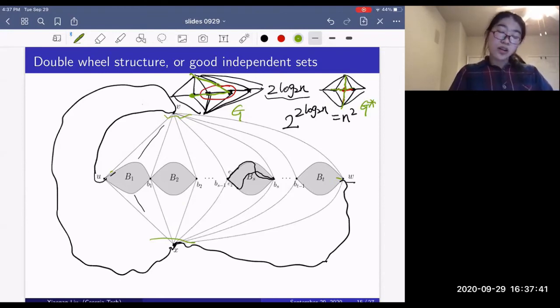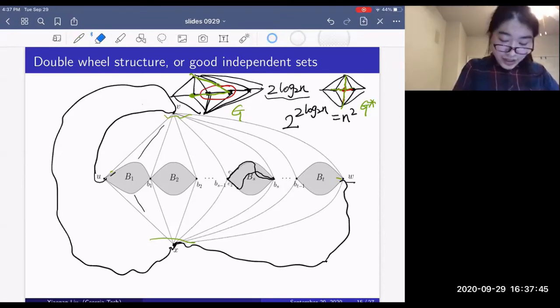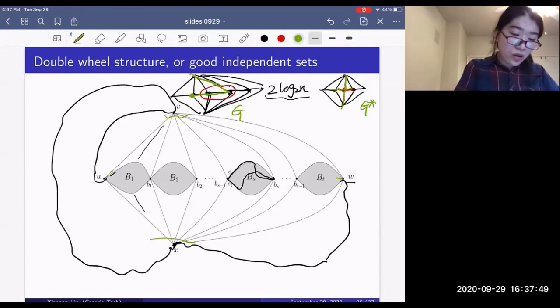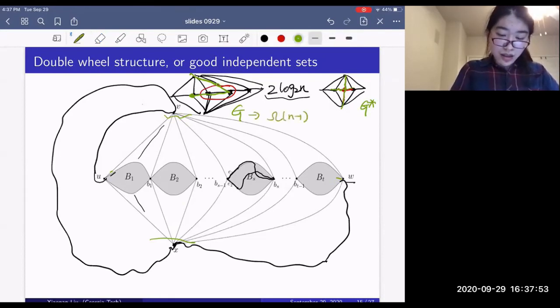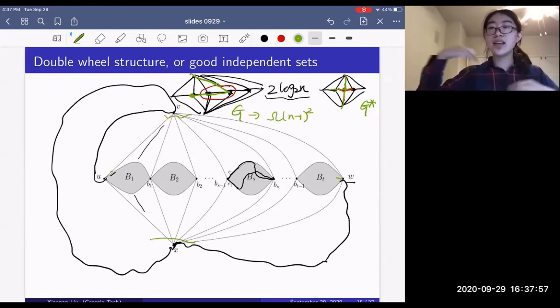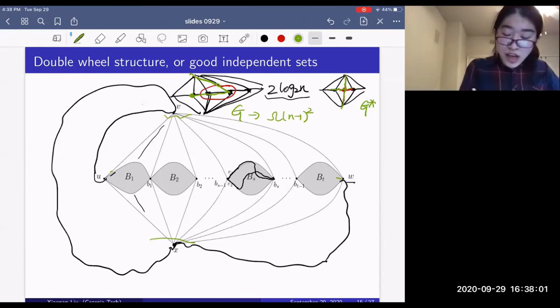So now if we apply induction, we can only know that G has omega of n minus 1 squared. We need to find new Hamiltonian cycles. We found that all cycles we obtained now use this red edge.